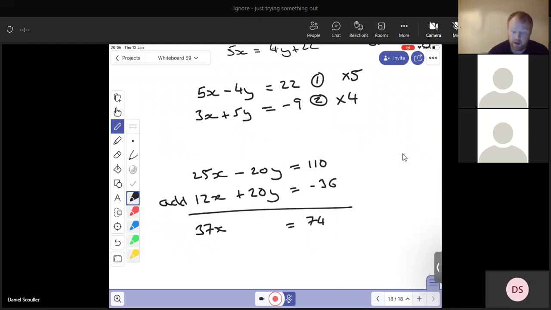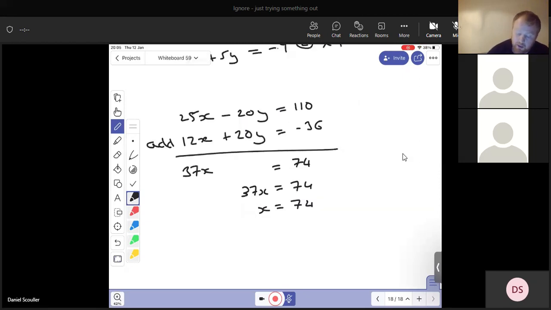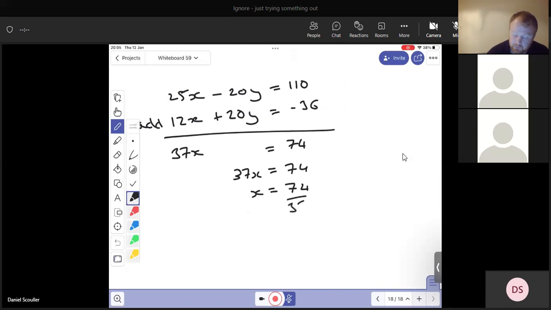Okay, so 37x equals 74. X equals 74 divided by 37. You shouldn't need to know your 37 times table, but 37 times 2 is 74, so I'll just give you 2.